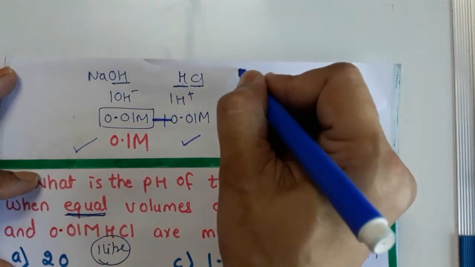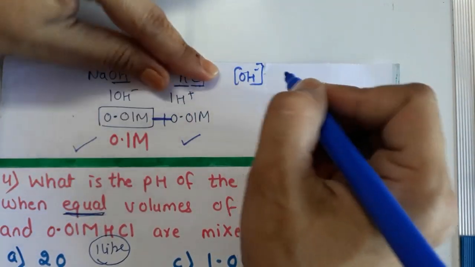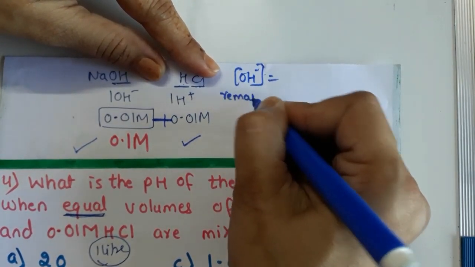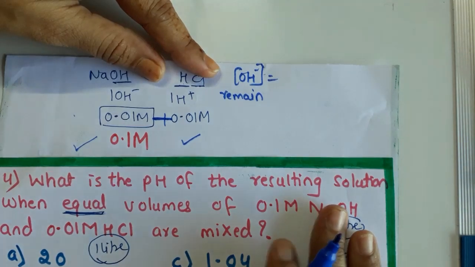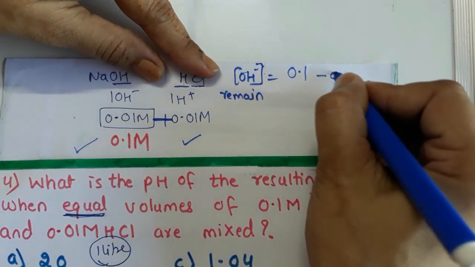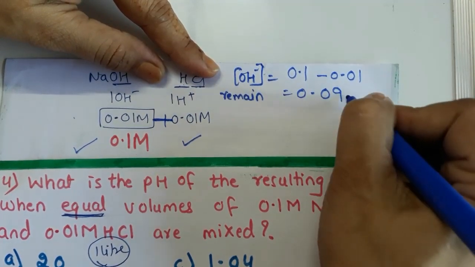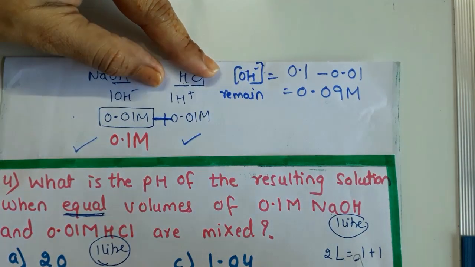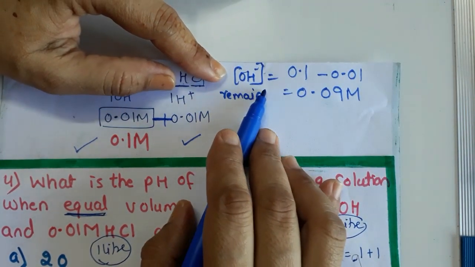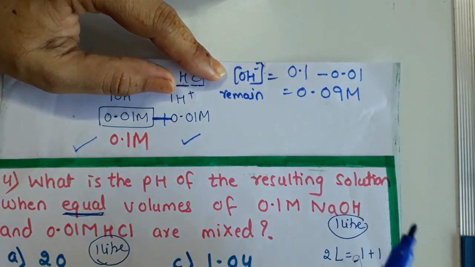So the amount of OH minus which is remaining, not neutralized, would be the initial amount minus 0.01, that is 0.09 molar. This much is the concentration of OH minus which has not been converted, which is just remaining in the solution.